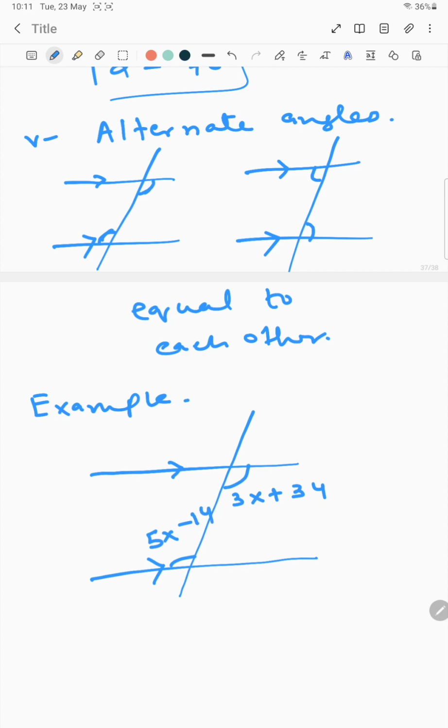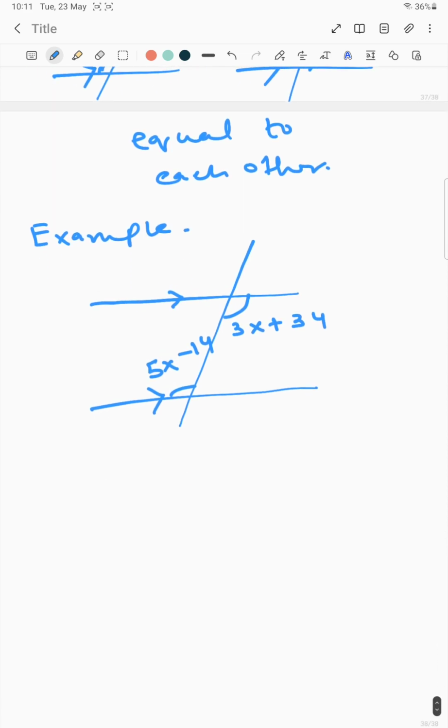So see, they are on the opposite direction and under the line. So these are alternate angles, and we can take them equal to each other, because the property of alternate angles is that they are equal to each other. It means 5x minus 14 is equal to 3x plus 34.